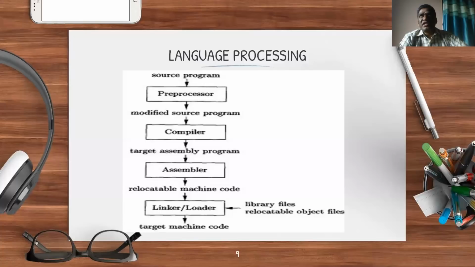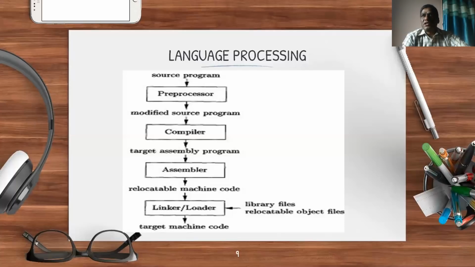For example, in stdio.h, we have printf and scanf. If you use the printf function in your main, then printf needs to be linked with its definition, which is there in stdio.h. That is the main job done by your linker. Also, instead of using predefined functions, sometimes we write our own user-defined functions, and user-defined functions also need to be properly linked.